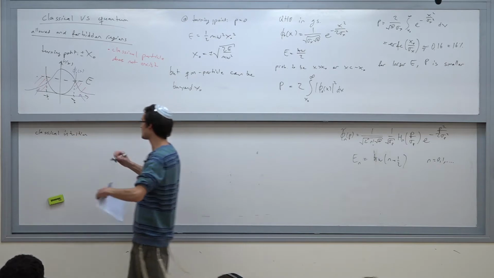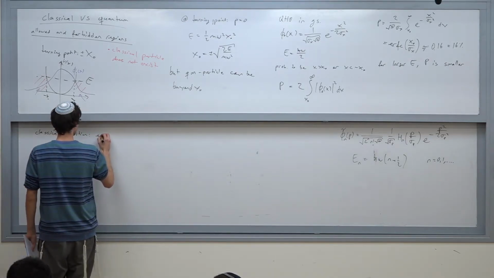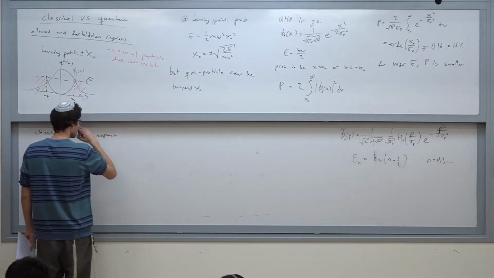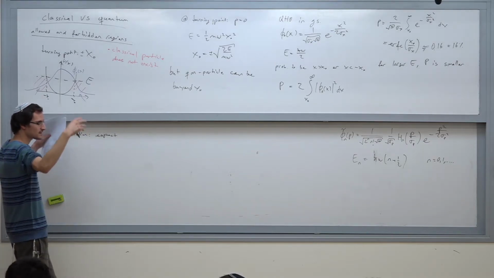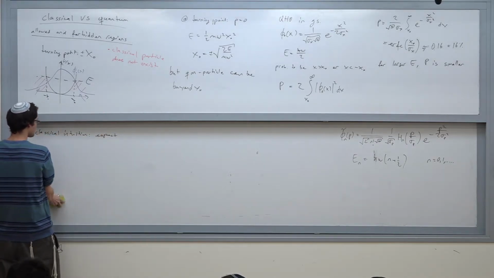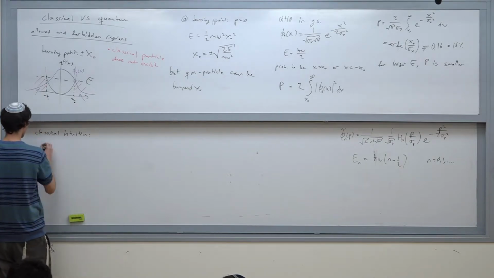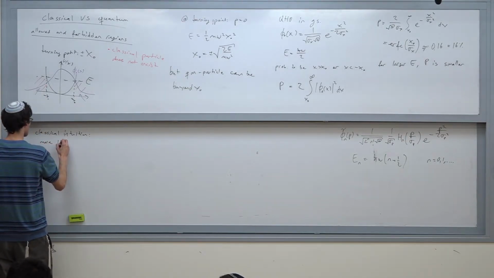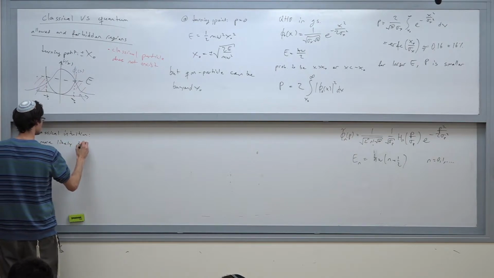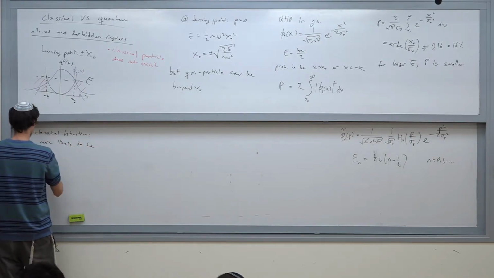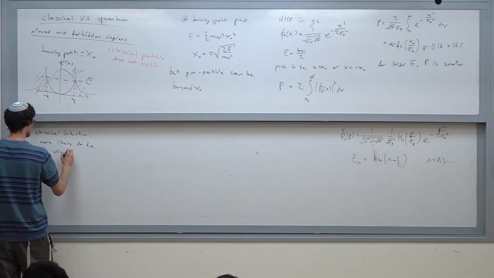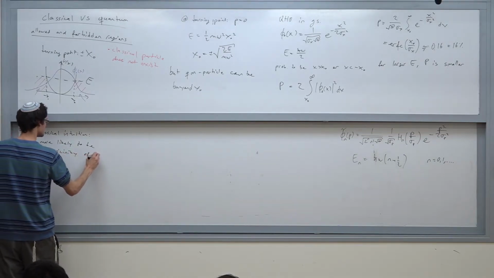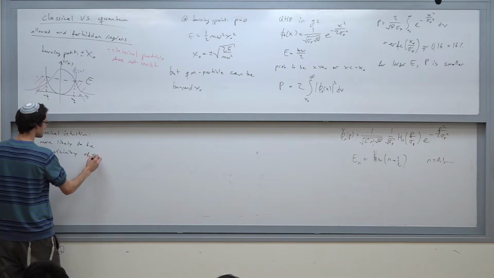So classically, I would expect the particle to be localized, or more localized at the edges. It's more likely to be found next to a turning point, more likely to be in the vicinity of x0, the turning point, plus minus x0.